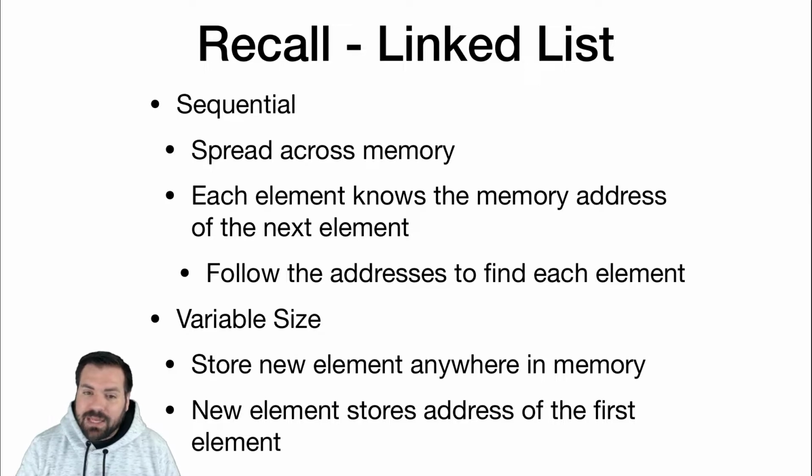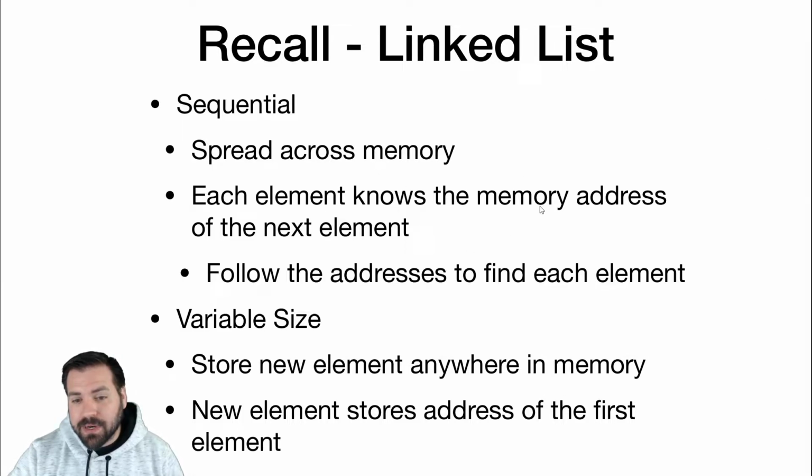Each element of a linked list, which we'll end up calling a node once we formally introduce it, is going to know where the next element of the linked list lives. And fundamentally, that is a linked list. We have values spread all across memory, and each value knows how to find the next value. That's a linked list. These are variable size.